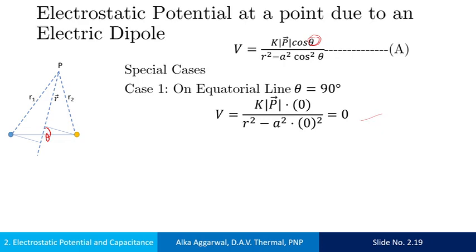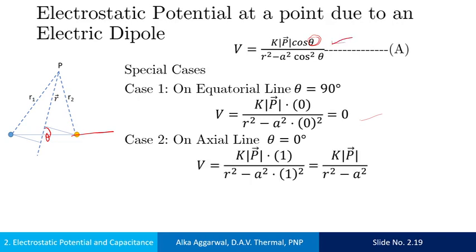Same is the result. Now the second case, when the point P lies on the axial line, then the value of theta is 0. Putting theta as 0 in equation 1, the relation we get is this one. As the value of cos 0 is 1, this is the result which we have already derived in our previous lecture.